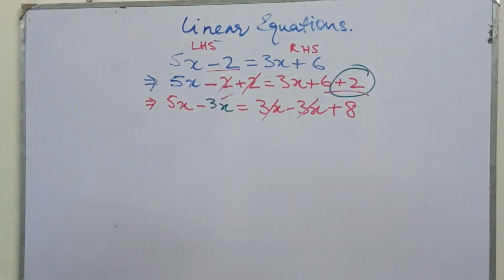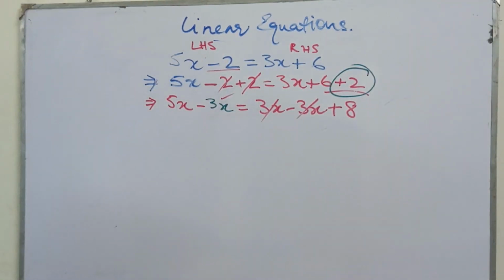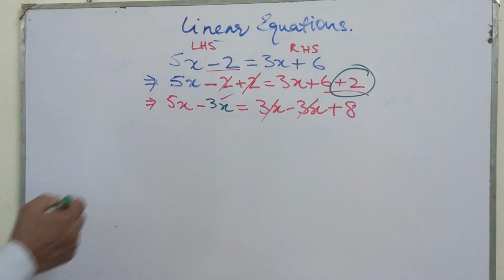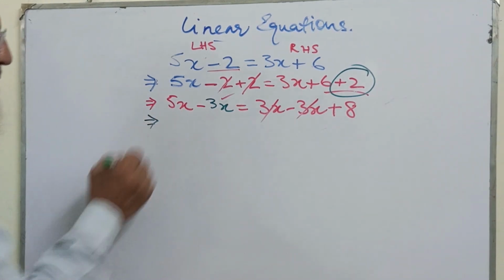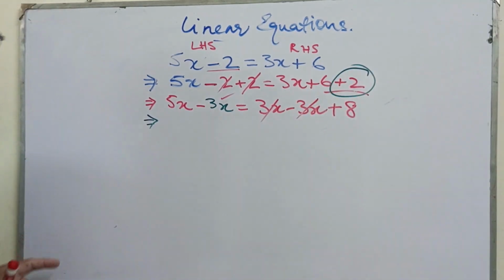Now when we go deep in these studies, we don't do these two steps. This step is a direct step. You can also do it like this, but for the practice we have to do this.